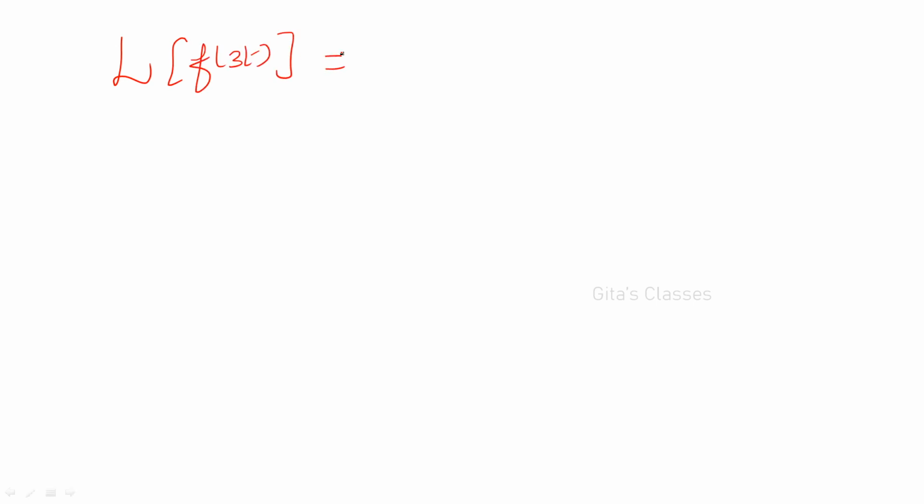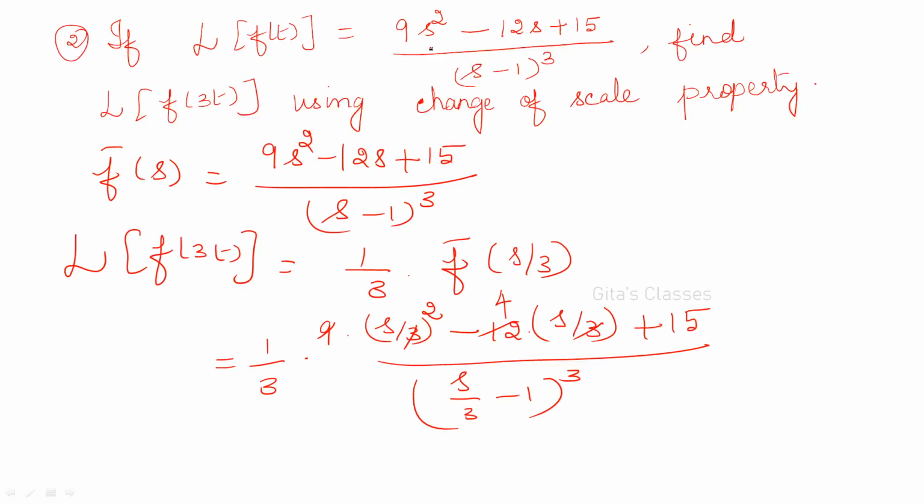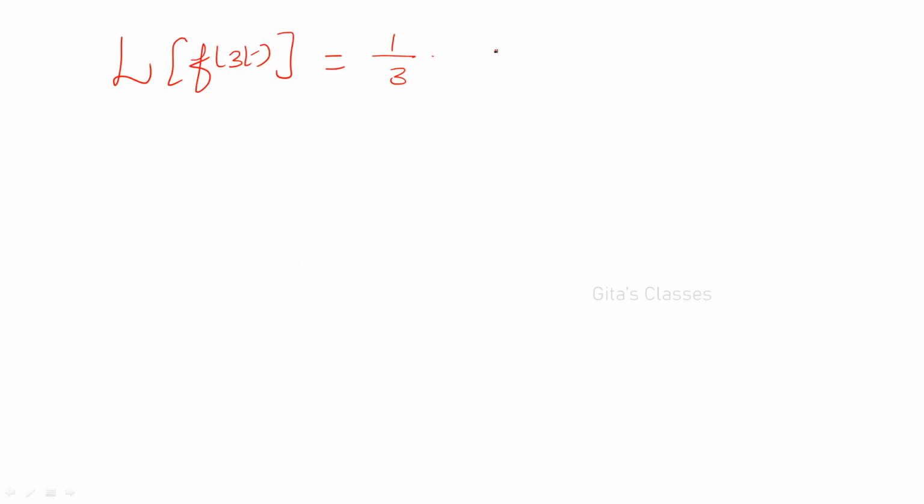Therefore, L of f of 3t is equal to 1 by 3 into s squared minus 4s plus 15 divided by, now I am going to take s minus 1 by 3 the whole cube.